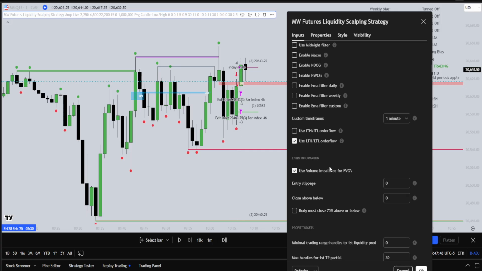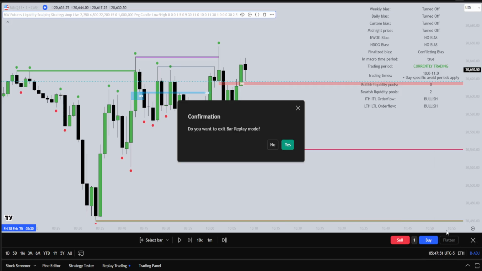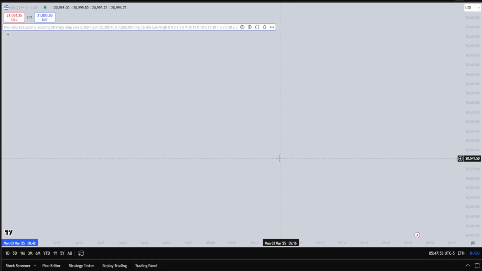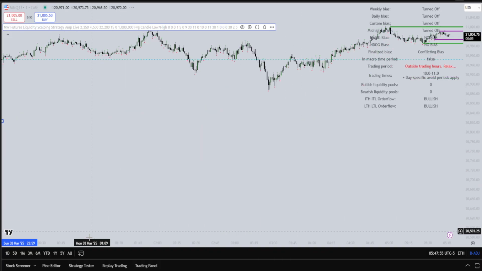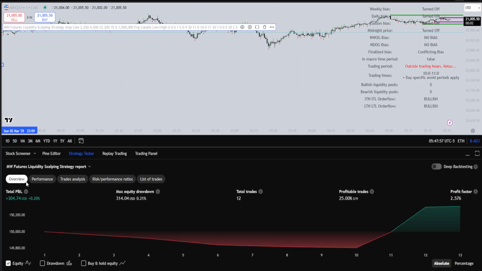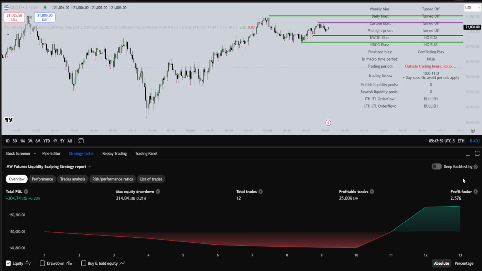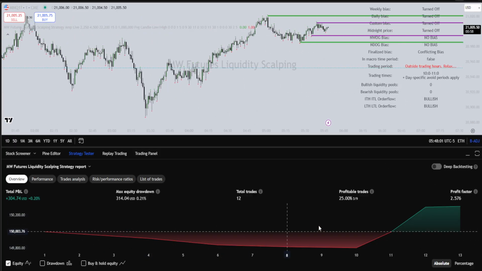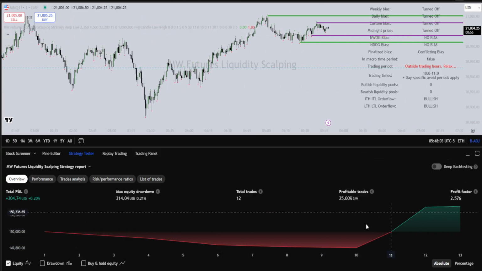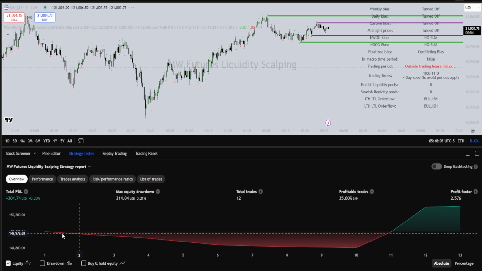If I check the long-term high and long-term low order flow, that trade itself would have been filtered out. So I want to see what the results of that would be. And as you can see, it already filtered out a lot of the noise, which is good.